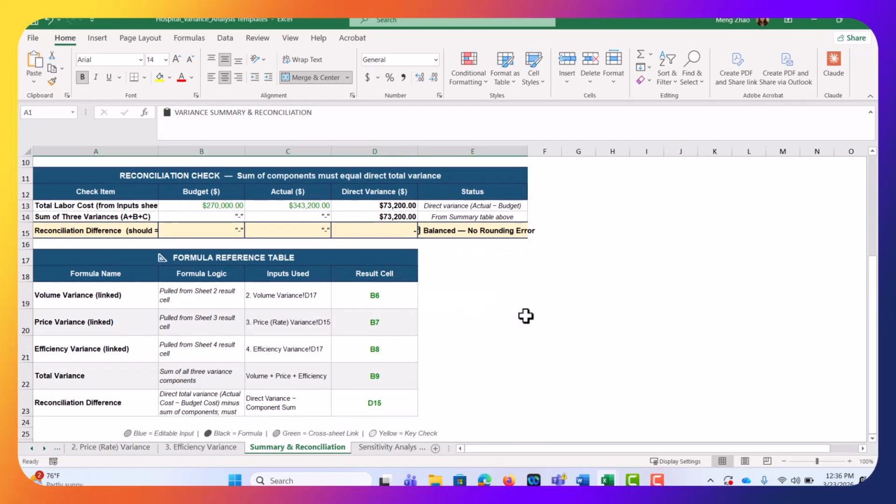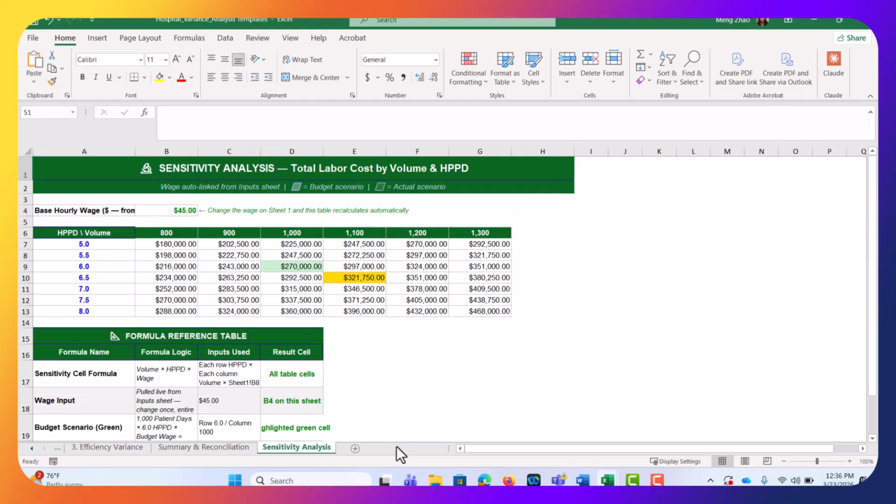All right, and then let's go to the last sheet, which is the sensitivity analysis. The sensitivity analysis usually gives us strategic planning options. It is adjusted by patient volume and HPD, PPD.